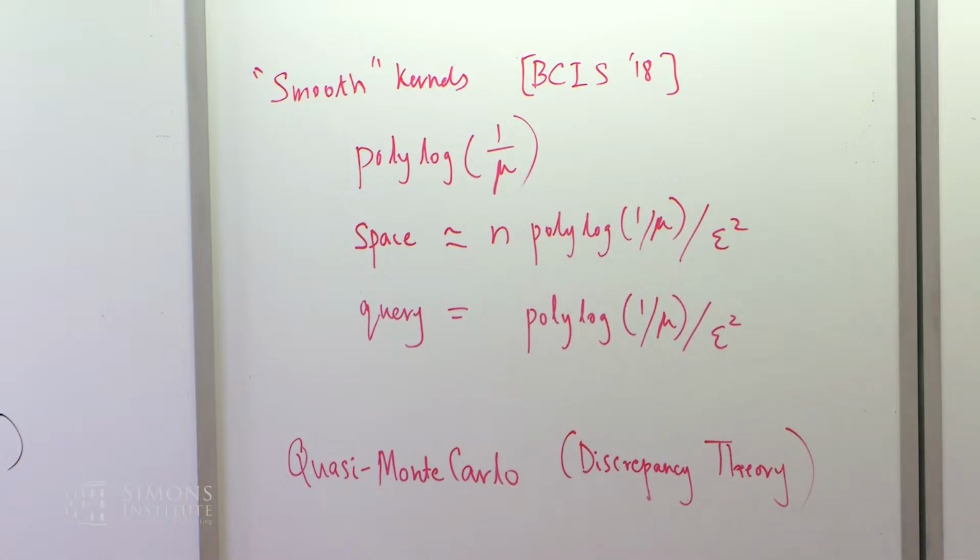This discrepancy-based approach was applied by Phillips and Tai in a paper in 2011, and what they were trying to do was to get small coresets for this kernel evaluation problem, or kernel density estimation problem.